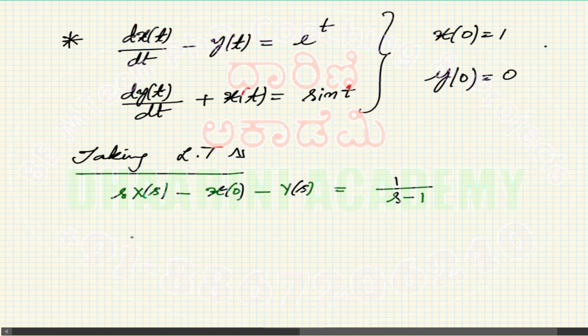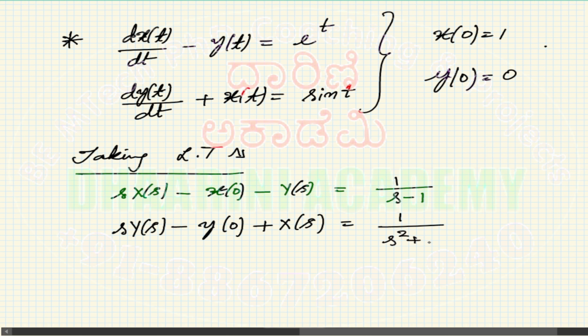All right. And let's go to the second equation now. So this is s into y of s minus y of 0 plus x of s equals, what's the Laplace of sine t? 1 by s squared plus 1.